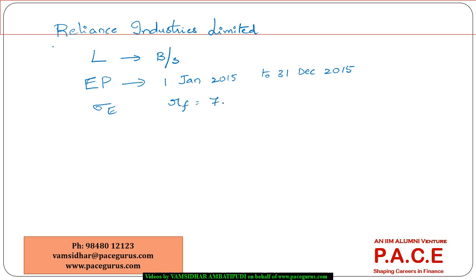I am taking it as a hypothetical 7.25%, associated with a 1 year treasury bill rate, as a measure of the risk-free rate of return. So this would be the initial information to go ahead with. Let's start our modeling process and see to what extent we can find out the probability of default.